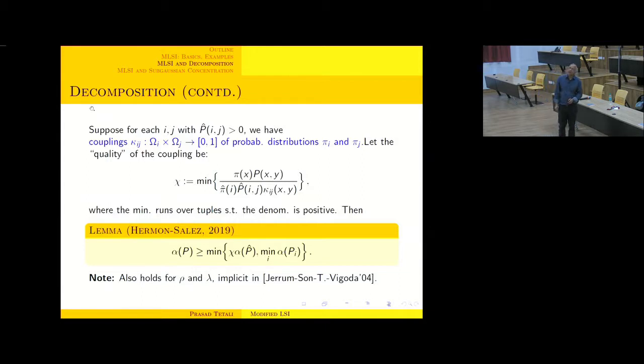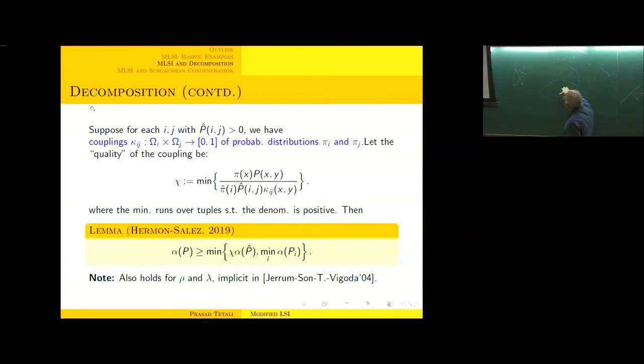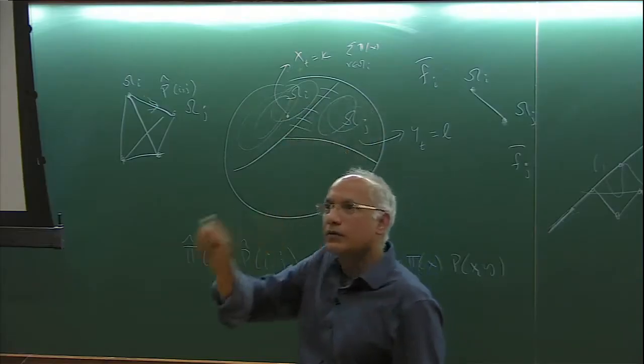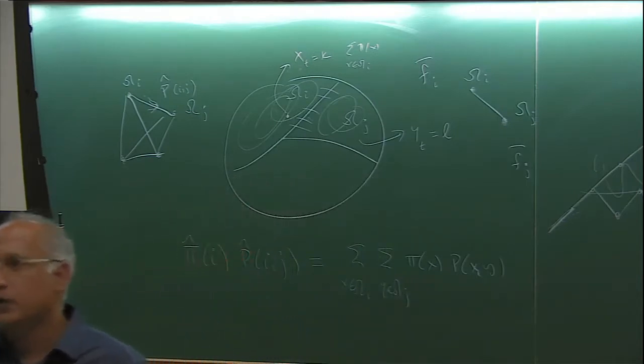Somehow any theorem should use both of these, because as I said this morning, if you expect the original chain to mix fast, you certainly expect each piece to have good mixing. Also, hopping over the pieces should be fast. So it's certainly capturing that, but not uniformly.